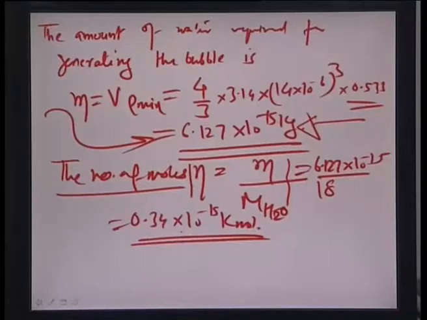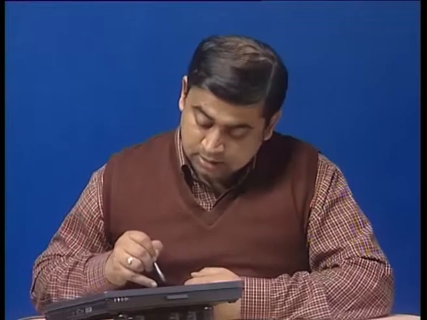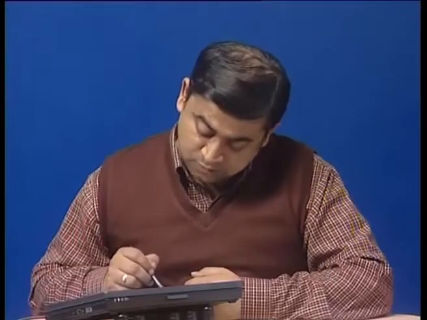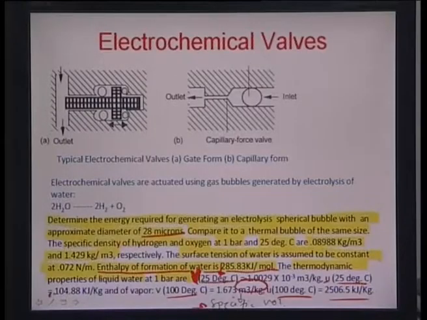Okay. So as we also know from the question here, the enthalpy of formation of water, and this is actually the electrochemical enthalpy of formation, is 285.83 kilojoule per mole of material. And we already know how many moles have to be made. So the total amount of energy which would be needed for making the electrolysis bubble is essentially nothing but this enthalpy of formation times the number of moles.